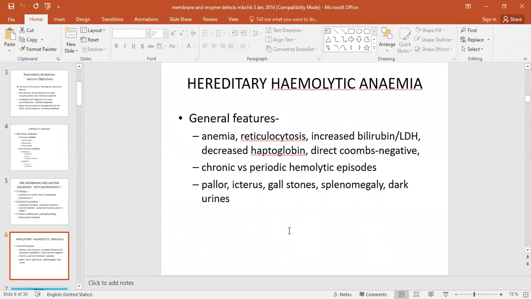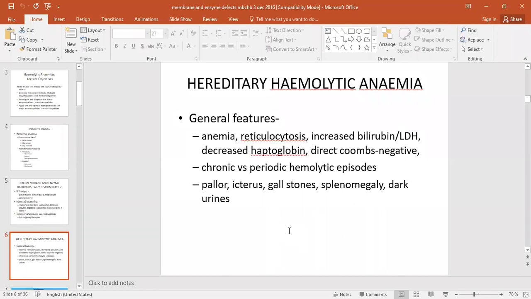The enzyme that we have always associated with hemolytic anemias is lactate dehydrogenase, LDH. And this enzyme obviously will be found in high levels. You'd also see that the proteins that are essential in managing hemoglobin, like haptoglobin, will tend to be reduced. And then when you do a Coombs test, it would tend to be negative because this is not autoimmune related.